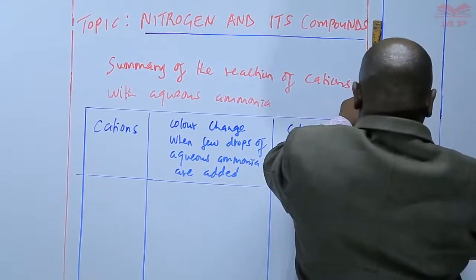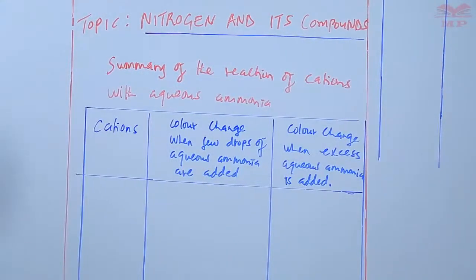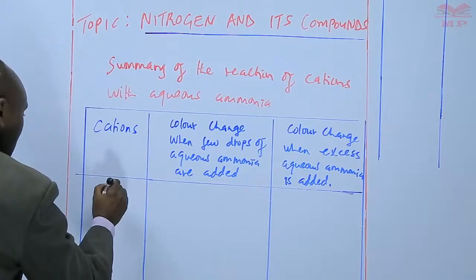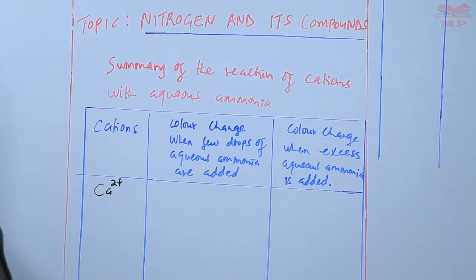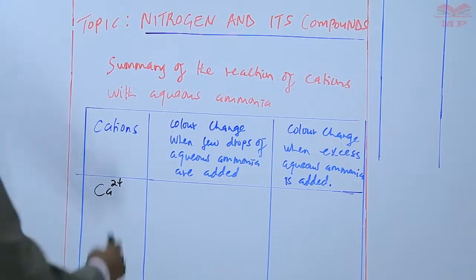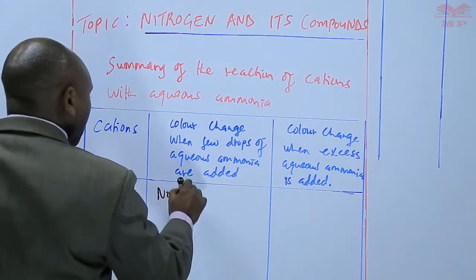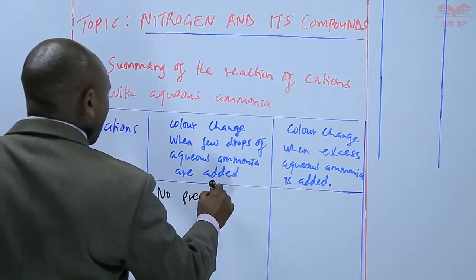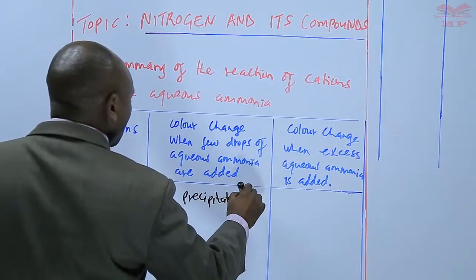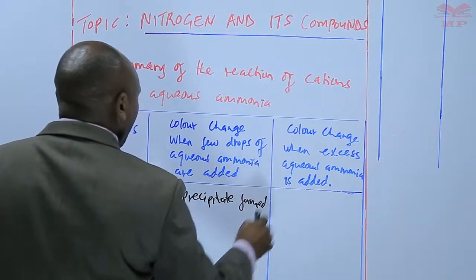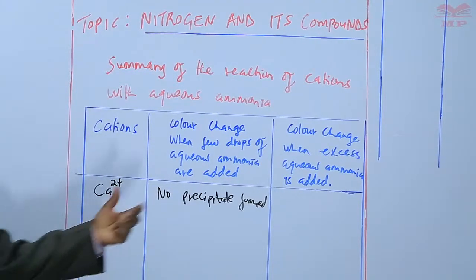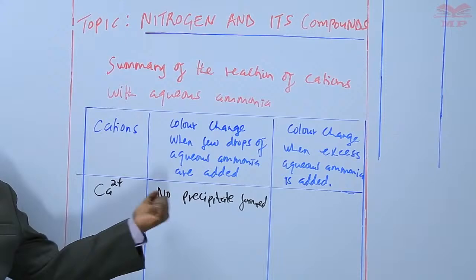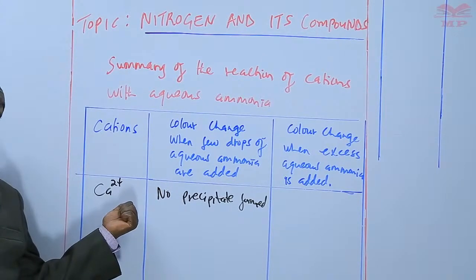So we'll start with calcium ions. Calcium ions, when a few drops of aqueous ammonia are added, there is no precipitate formed. And that is because aqueous ammonia does not have enough hydroxide ions to precipitate calcium ions.